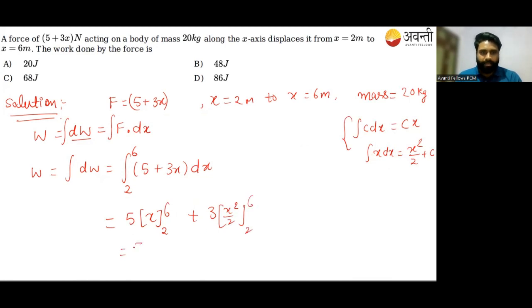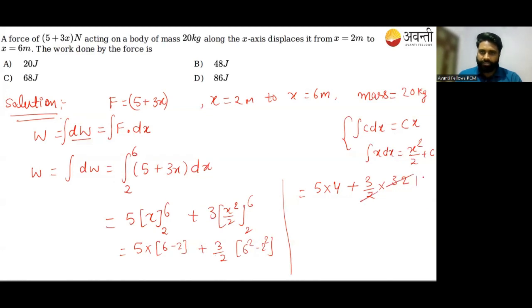Put this value: 5 times (6 minus 2) plus 3 by 2 into (6 square minus 2 square). So you would have 5 times 6 minus 2, which is 4, so 5 into 4, which is 20, plus 3 by 2 times (36 minus 4), which is 32.